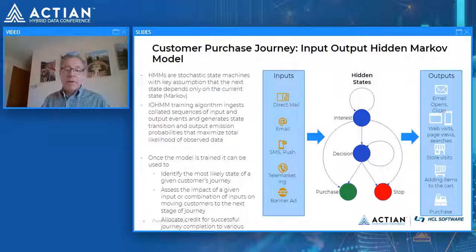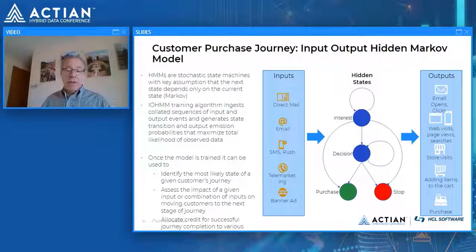The input-output HMM algorithm ingests collated sequences of events, contacts and offers, and then learns the transition matrix and output emission matrix. And once this is completed, we can use the model to answer several important questions. For a given customer, what is the current state of the model? If we know that, we can adjust our messaging.